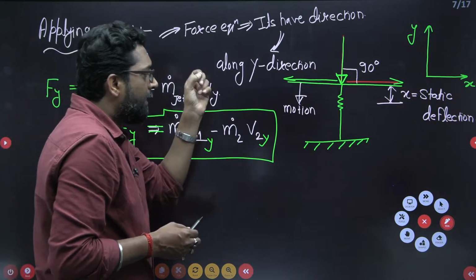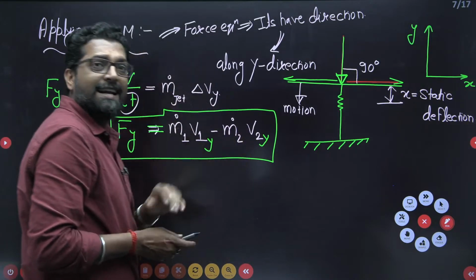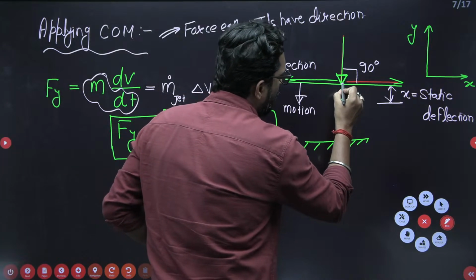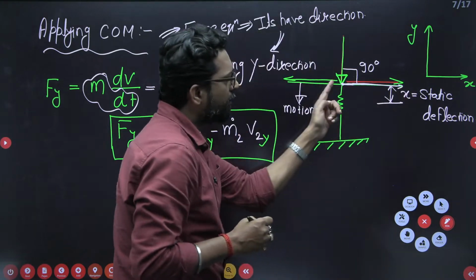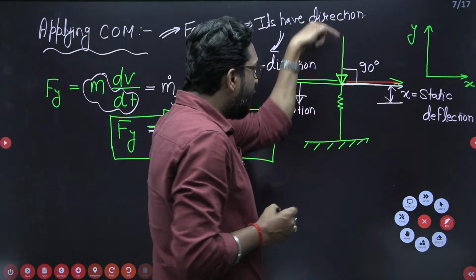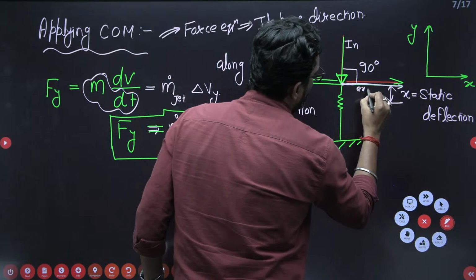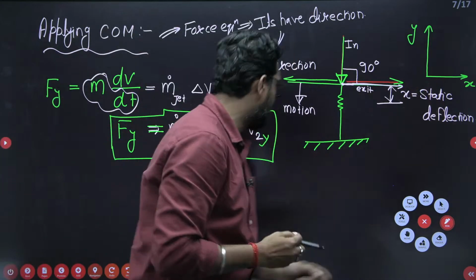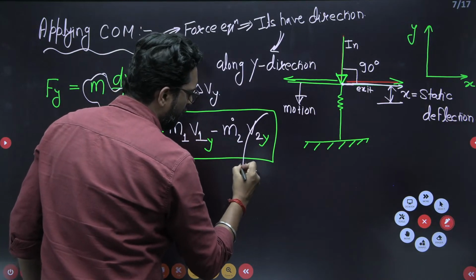So my dear, at the exit condition, is there any y direction velocity? No. Why? Because the y direction velocity will turn into the x direction velocity. So this velocity is in the x direction. This is inlet and this is exit. So exit is not in y direction, exit is in x direction. So we have to neglect it. This is 0.